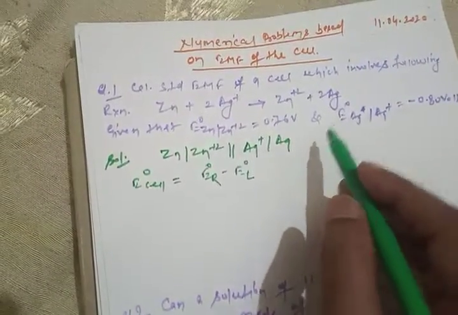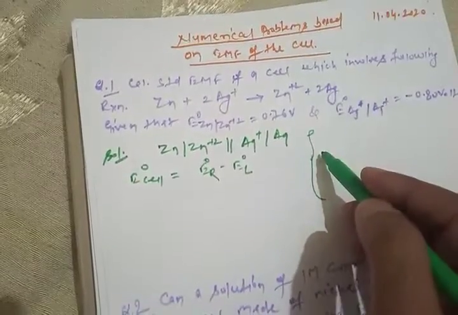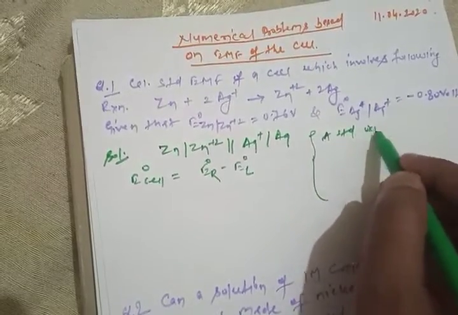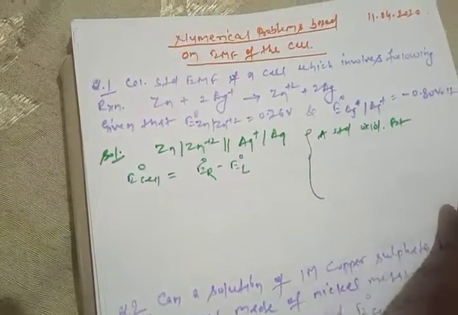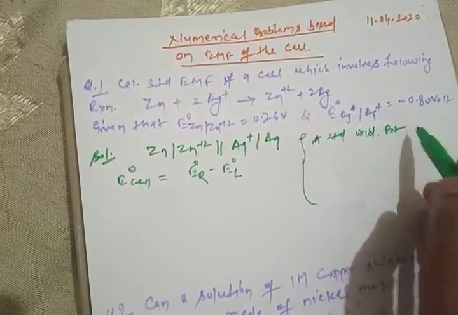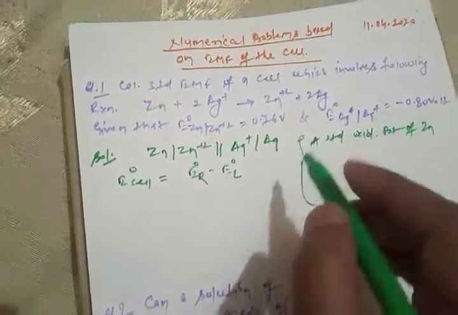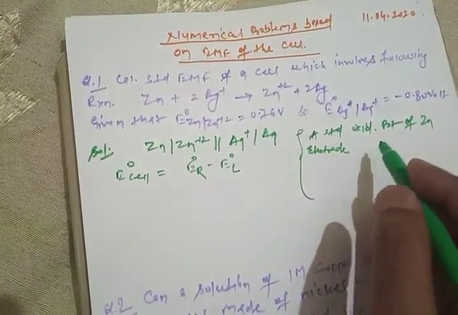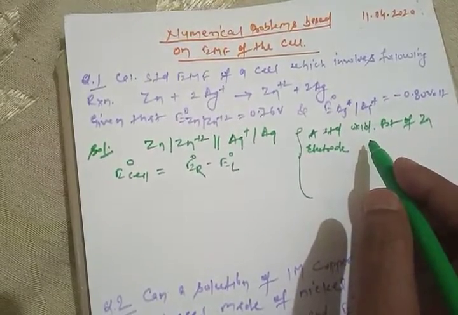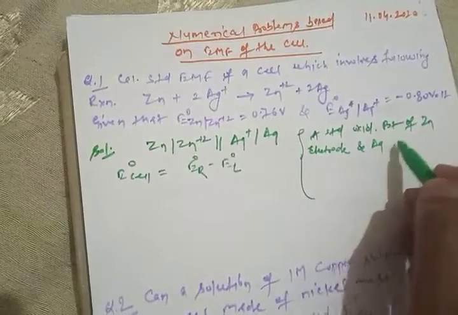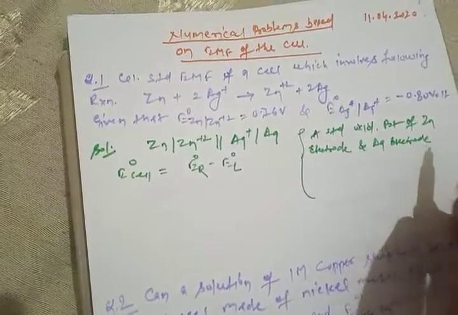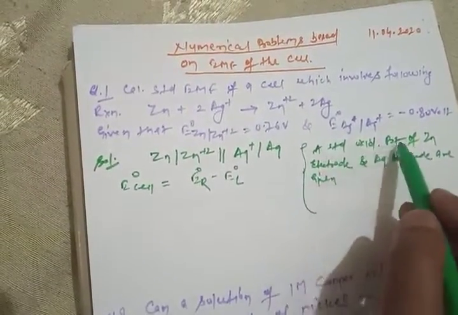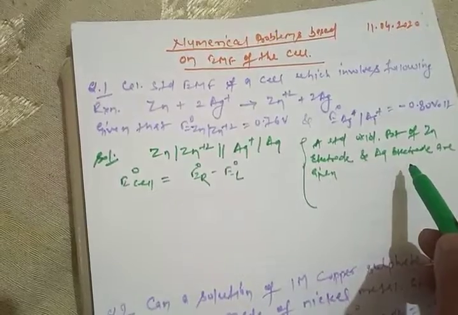So at this point you need to understand that the standard oxidation potential of zinc electrode and silver electrode is given to you.